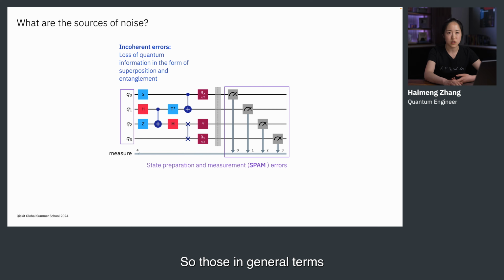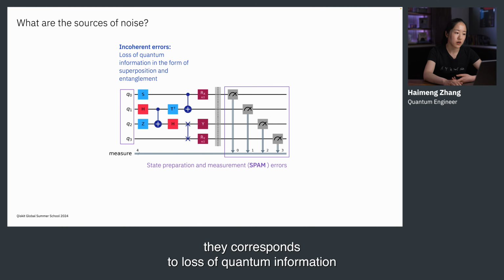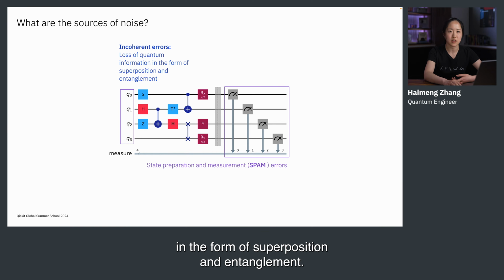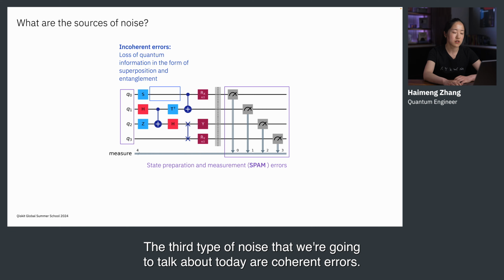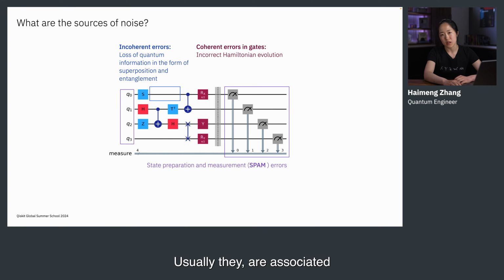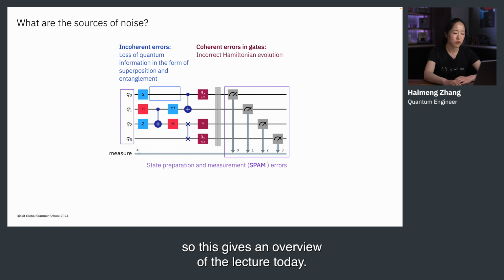In general terms, they correspond to loss of quantum information in the form of superposition and entanglement, usually due to interactions between the qubits and their environment. The third type of noise that we're going to talk about today is coherent errors. Usually they are associated with imperfect gate implementations. So this gives an overview of the lecture today.